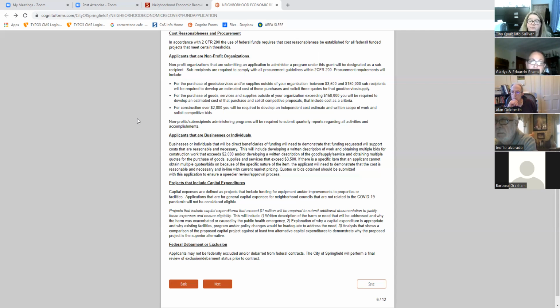So if you're planning construction work that exceeds that $2,000, you're basically developing a written description of that work, and then you're getting quotes or bids. If you are obtaining a good, supply or service that is outside of your business, and it exceeds $3,500, then again, you're going to need to obtain quotes for that.